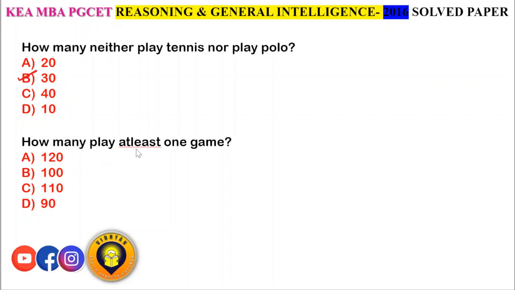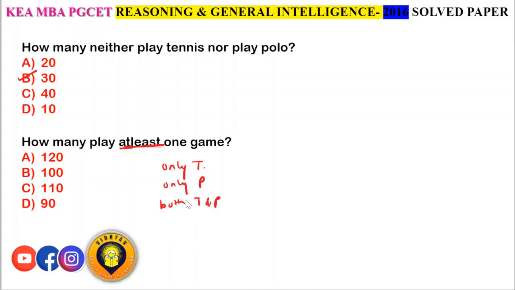How many play at least one game? At least one game means what? At least one game means it is only tennis, only polo and both tennis and polo. At least means minimum one, maximum two. Okay, minimum should be satisfied, that is one, that is only tennis, only polo.